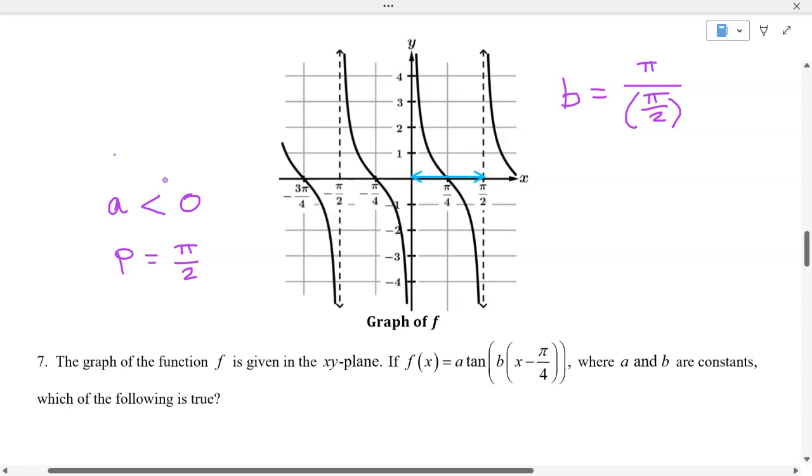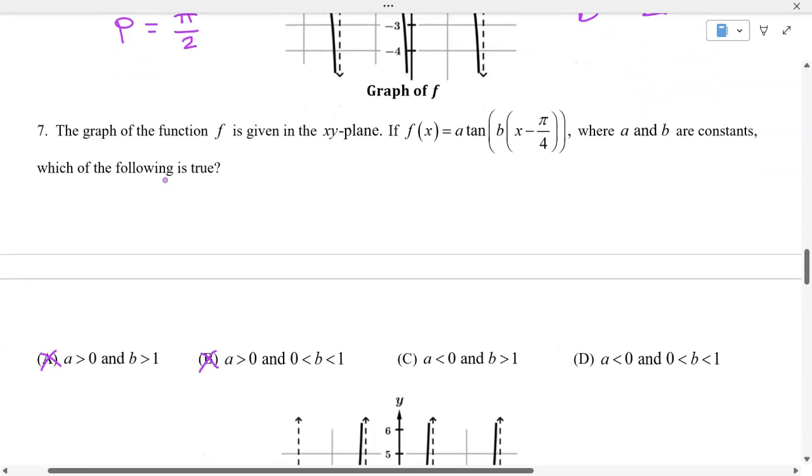When you divide by a fraction, you multiply by the reciprocal. So b will equal pi times 2 over pi. The pi's will cancel each other out because we have one high and one low, leaving b equal to 2. Comparing that to the options, since b is 2, that is greater than 1. So the answer is C.